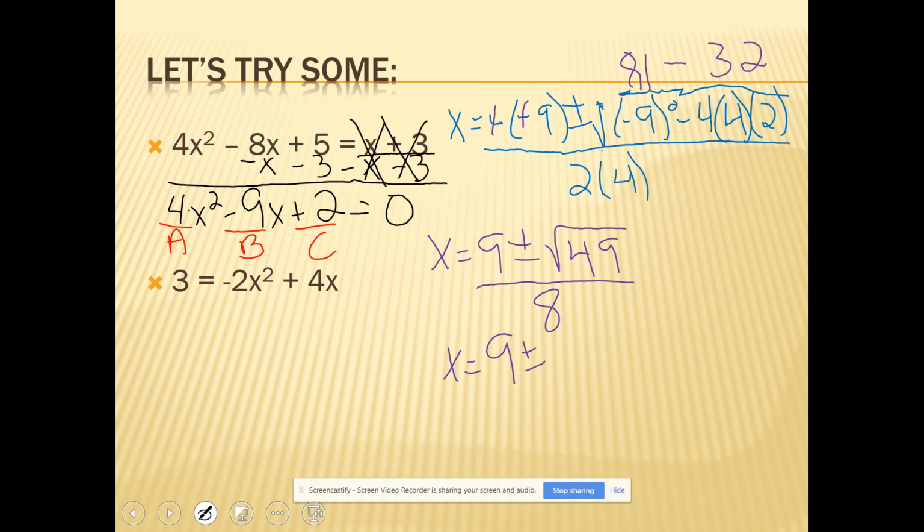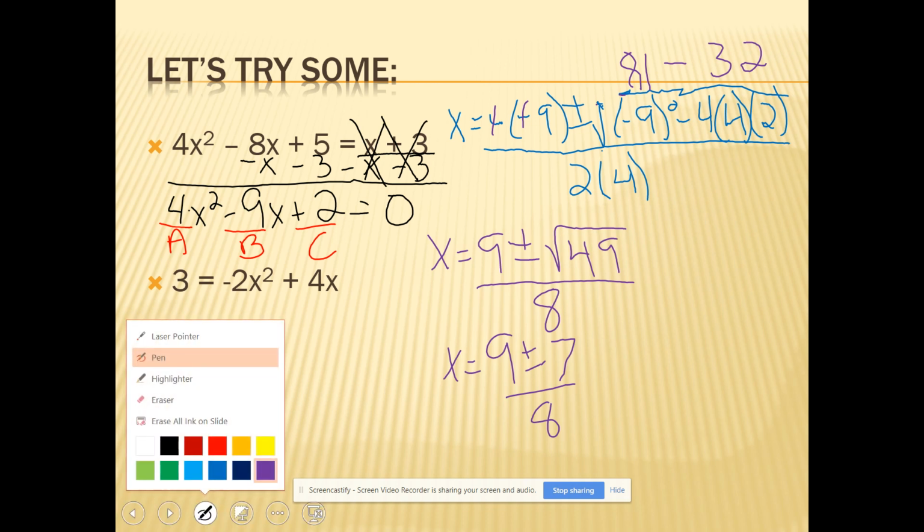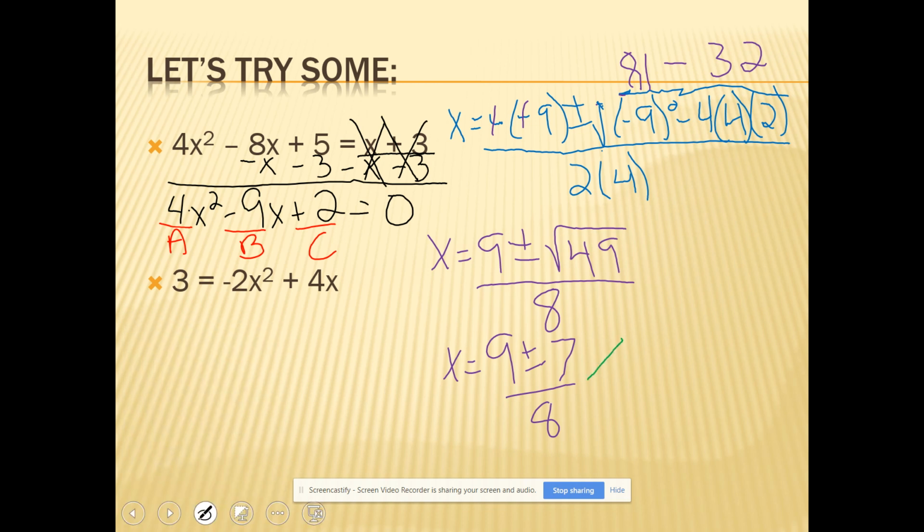Well, 49 is a perfect square. It's 7. And so we have 9 plus or minus 7, all divided by 8. So to find that solution, I'm going to do two problems.